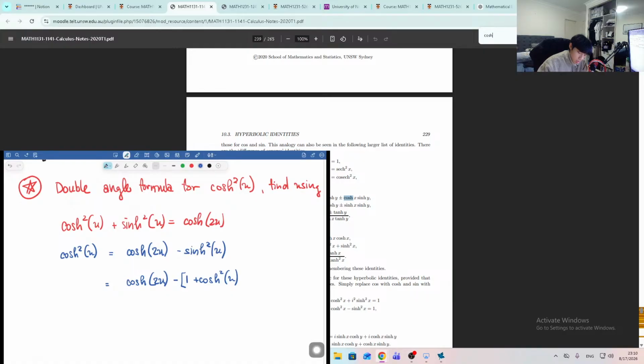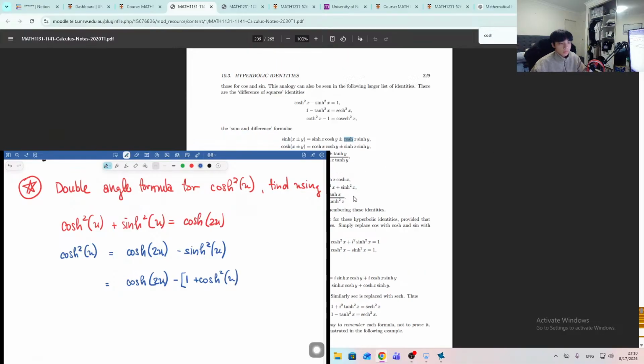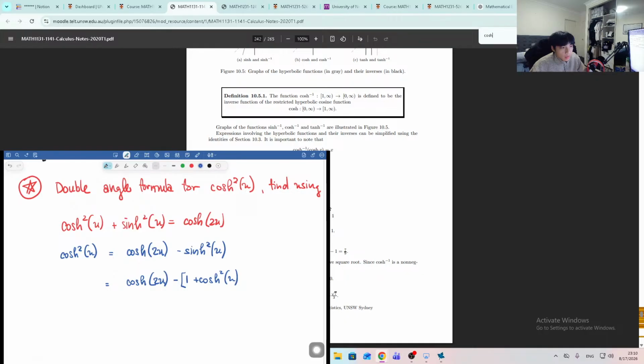It's probably what, 2 times cosh? Double angle formula.